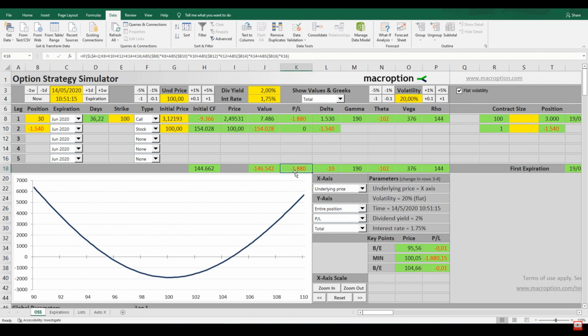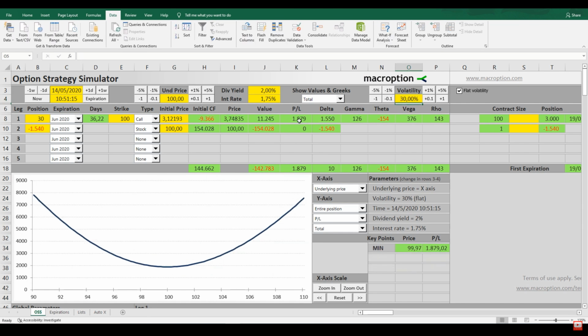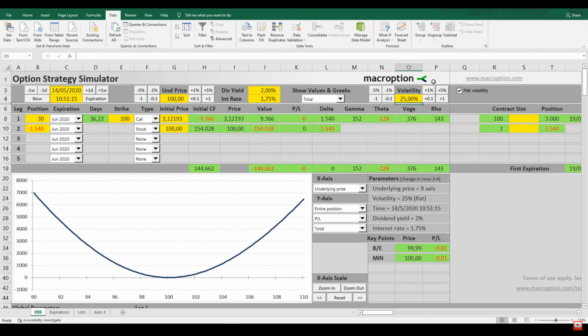The P&L generates a loss of $1,880. On the other hand, if volatility rises from 25 to 30%, for example, a profit of $1,879 emerges. In other words, we are not exposed to the market direction, but we are exposed to market volatility.